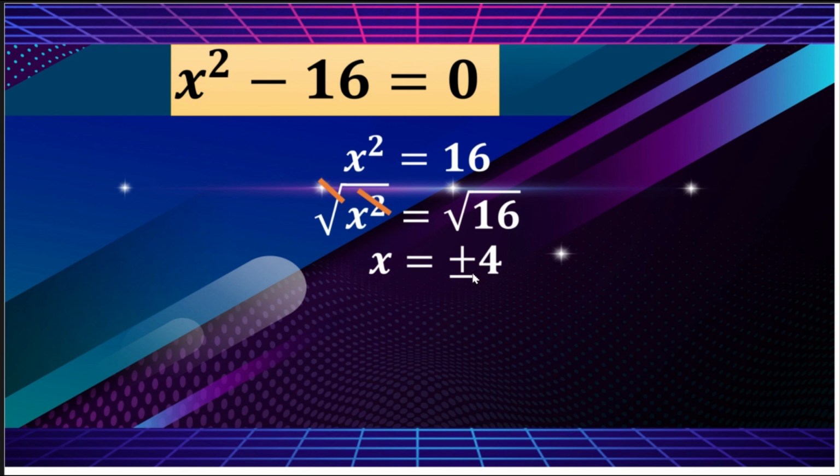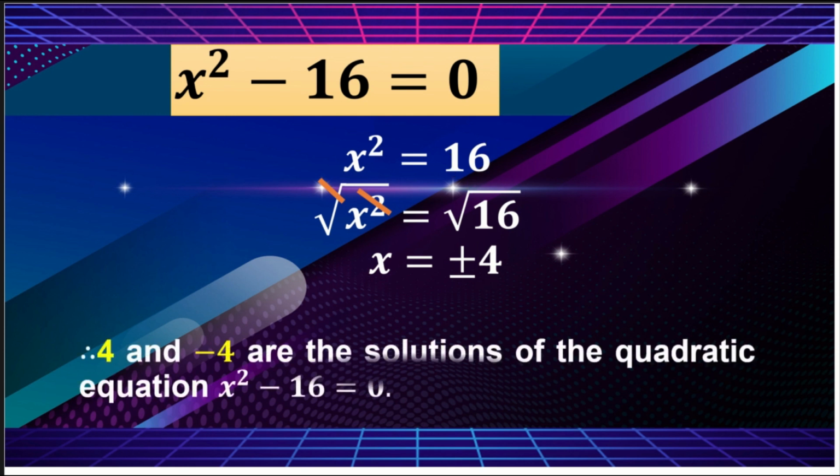Dapat dili kalimtan si positive and negative 4 because if positive 4 lang imong answer, it's kuwang. If negative lang imong answer, it's kuwang. Because on our first property, if your constant is positive, kinahanglan duha imong answer. Therefore, 4 and negative 4 are the solutions of the quadratic equation x squared minus 16 equals 0.